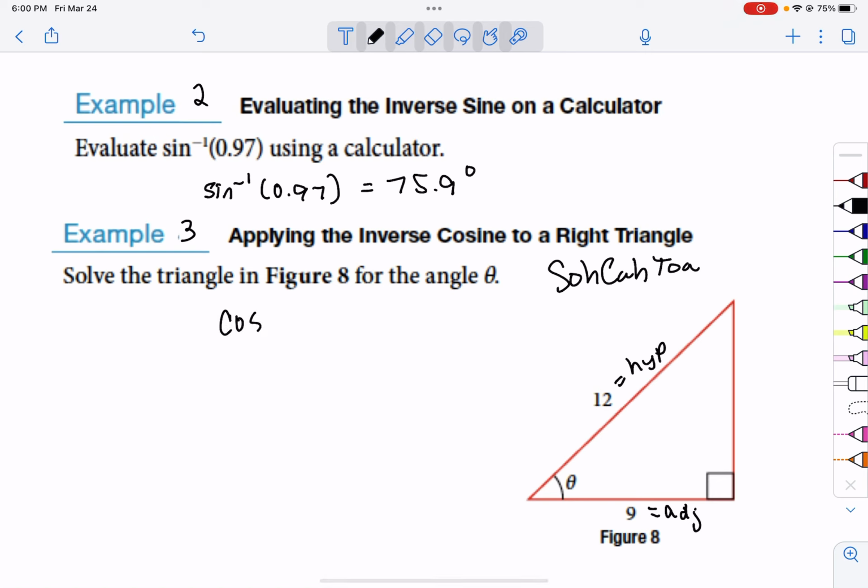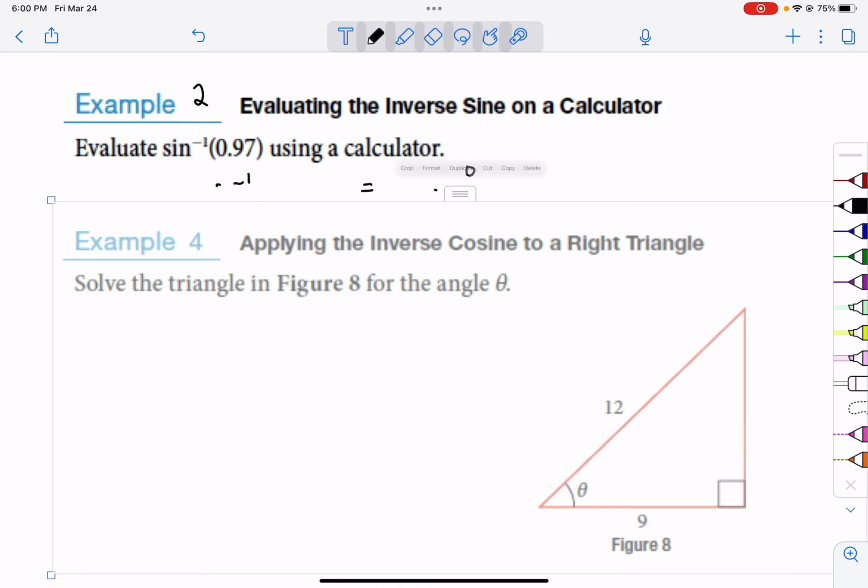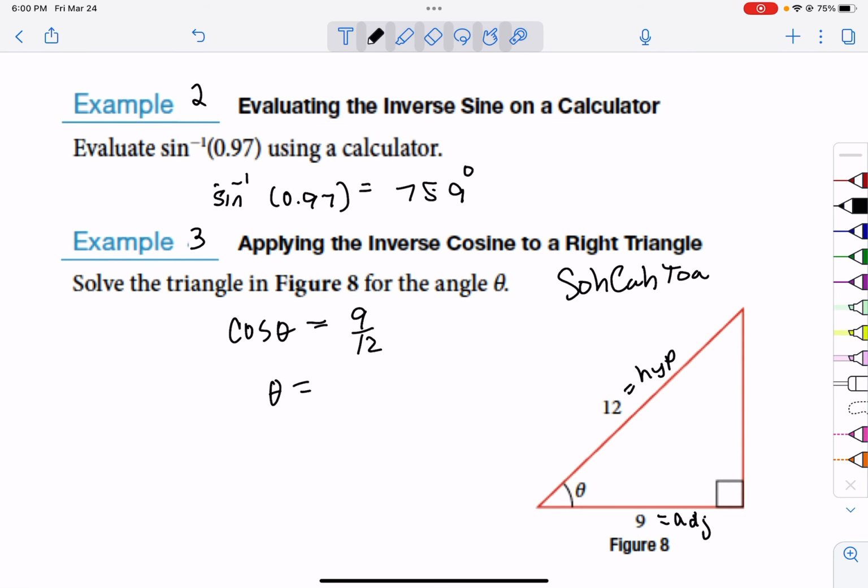So I know that the cosine of theta is 9/12. So when looking for an angle measure, that is when we use an inverse trig function. So we are going to hit the second button so that the little -1 appears. Make sure it's in degree mode, especially in a triangle. The inverse cosine of 9/12 is 41.4 degrees.